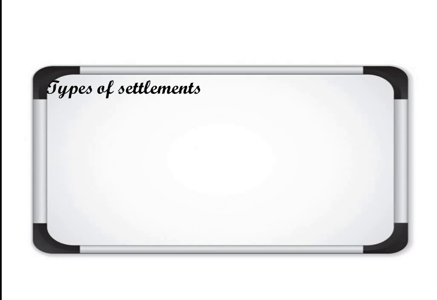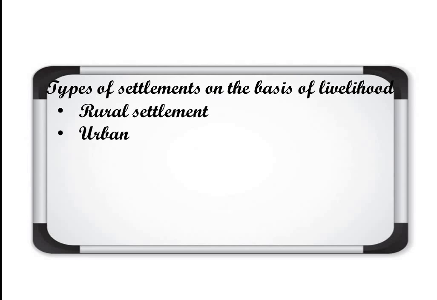The next category that we can take here is types of settlements on the basis of livelihood, and they are categorized as rural settlement and urban settlement. As we know, the people living in rural areas, that is, the people living in villages, are mostly dependent on agriculture.